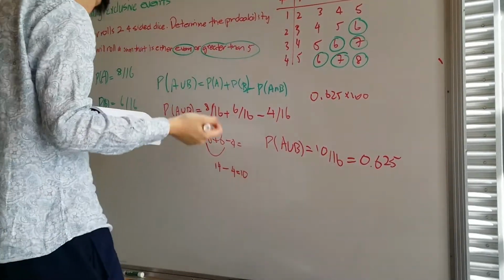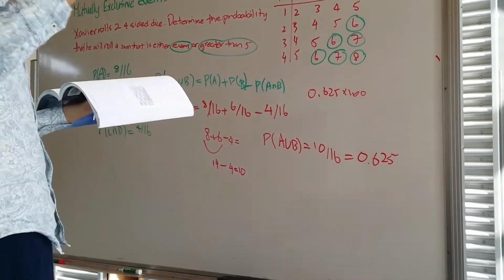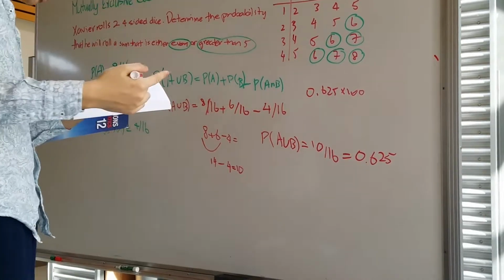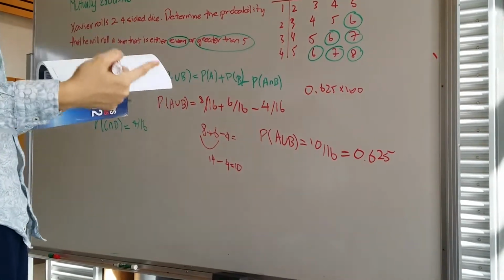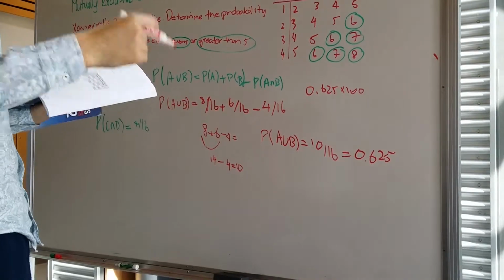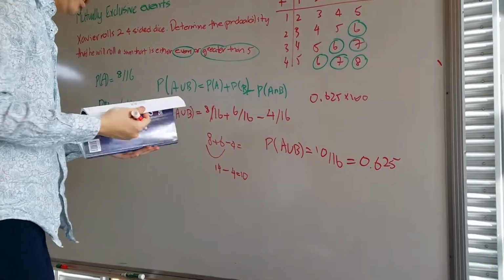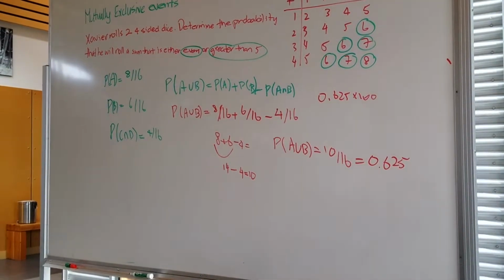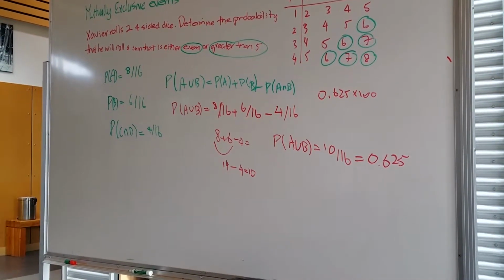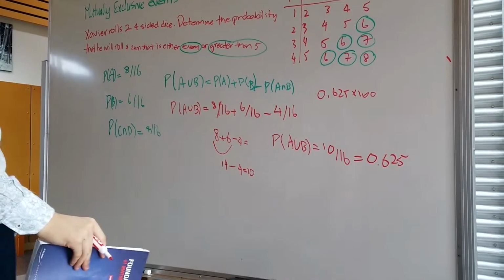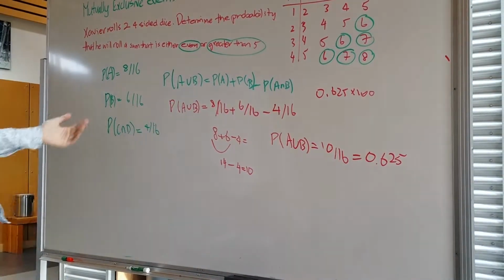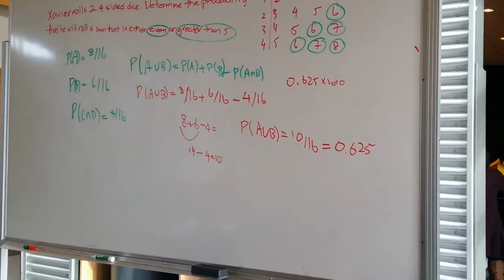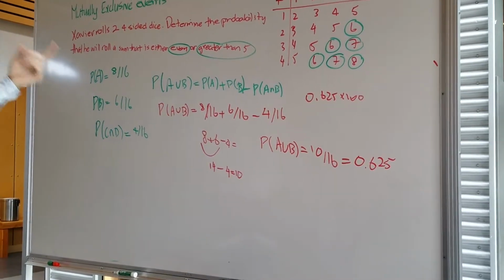So Xavier has a 62.5% chance of rolling a sum that's even or greater than 5. And I think after these two example questions, the class is probably clear about what's mutually exclusive and what's non-mutually exclusive, and how you solve for each.